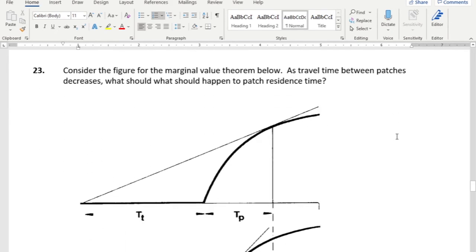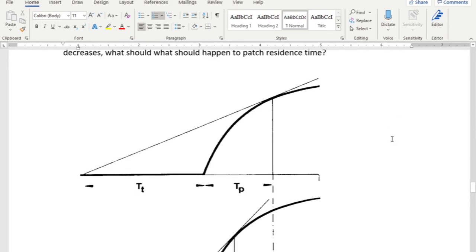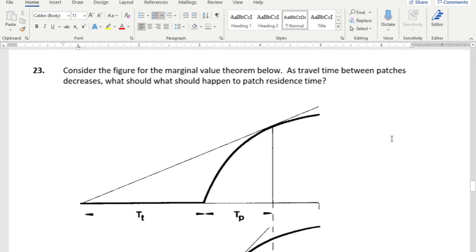All right. Then this is our marginal value theorem, right? We use this in the development of our ideas for the giving up density study that you guys did. T sub t is the travel time to the foraging patch.